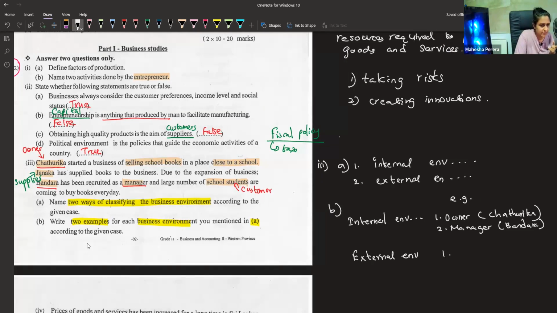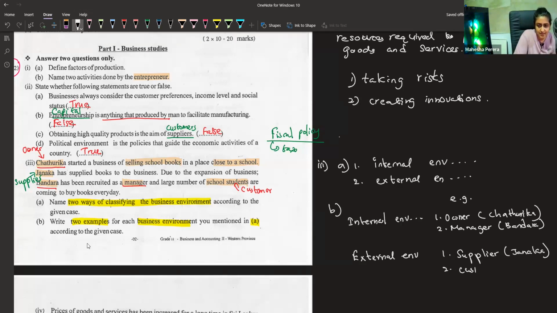Obviously we have number 1, who is there? School students and the supplier. Let's write supplier Janaka. Supplier Janaka. And then, I'm sorry, it has to be customers, school students.